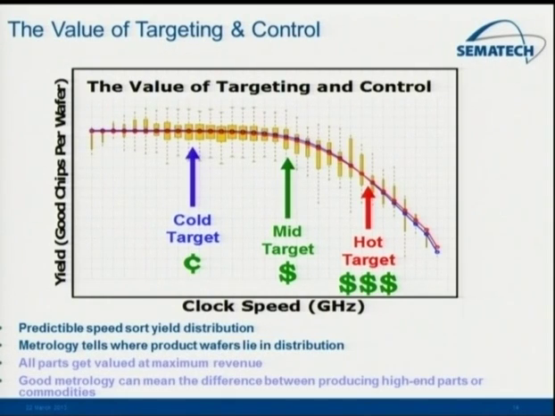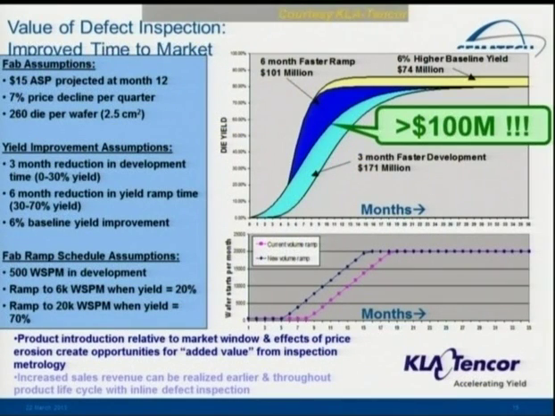So you need to understand, as you make these variations in your targeting size, what does that mean for your yield? And then, of course, your sales team knows what that means with regards to dollars. So you can start to trade off, yeah, maybe I can accept a lower yield for some of the faster parts because I know I can sell them for more. But you can only really do this if you know what the distribution of this is and you can track it and understand this trade-off between the yield and what you can sell it for.